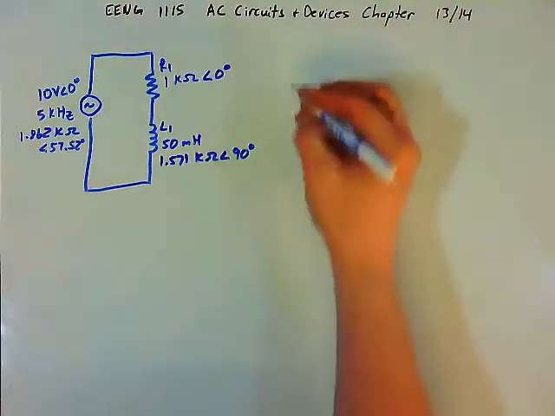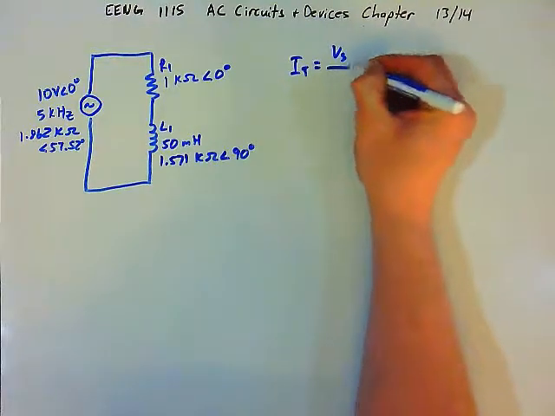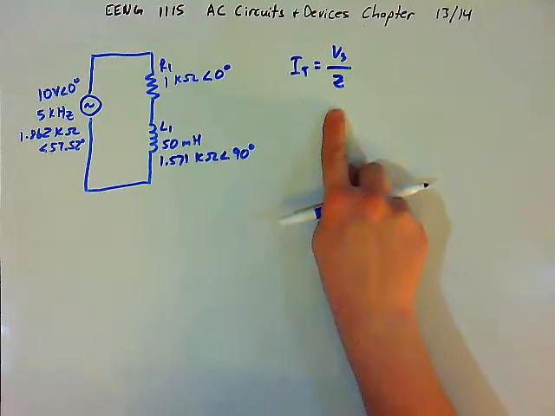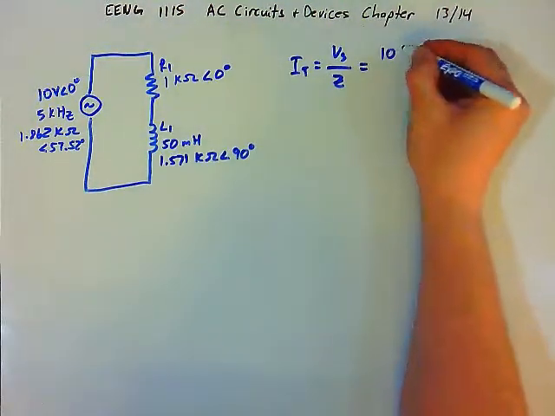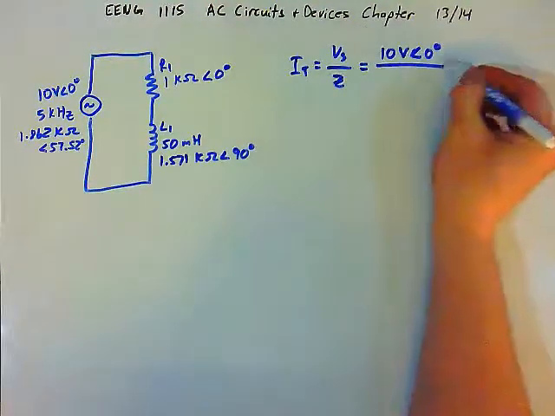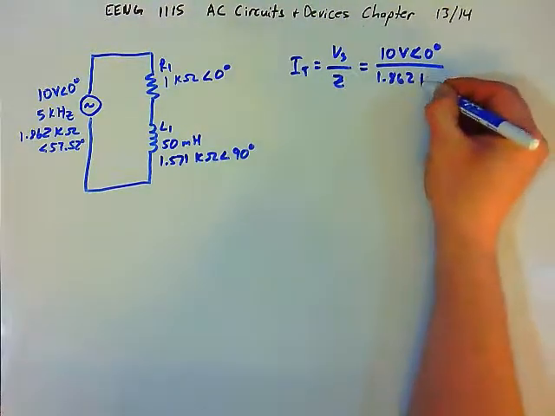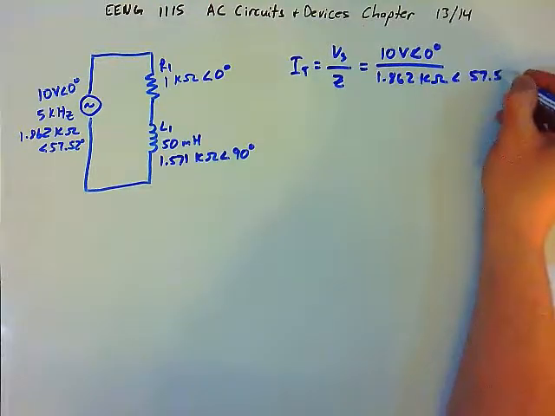The next step now is going to be to find total current. Total current is going to be the source voltage divided by the impedance, which in this case is like the total resistance. So we are going to have 10 volts at 0 degrees divided by our total impedance, 1.862 kilo ohms at an angle of 57.52 degrees.